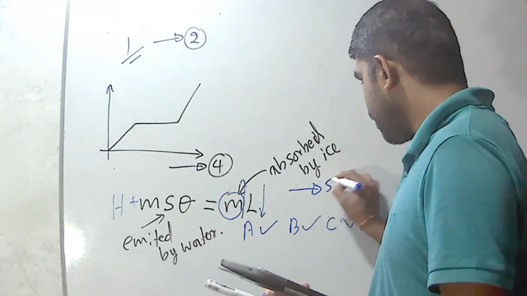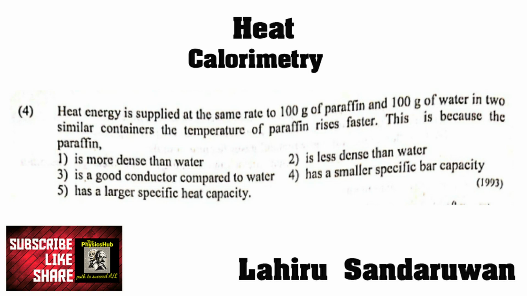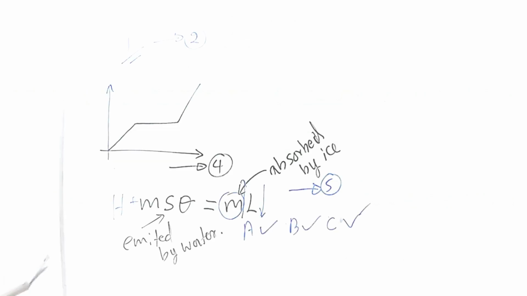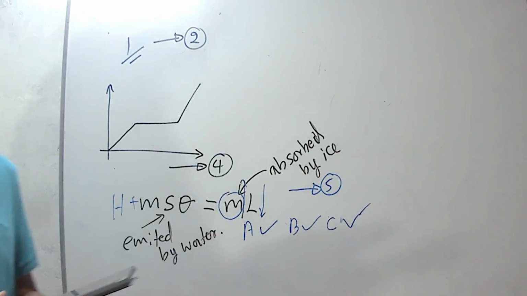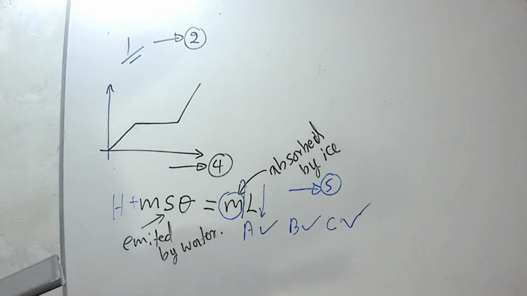Answer is 5. Heat energy is supplied at the same rate to 100 grams of paraffin and 100 grams of water in two similar containers. The temperature of paraffin rises faster. This is because, we know that we can observe a faster temperature change if the heat capacity is a smaller value.